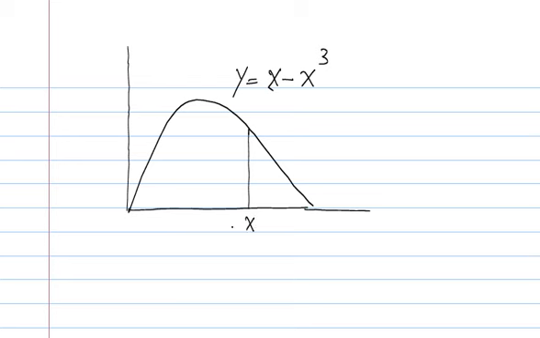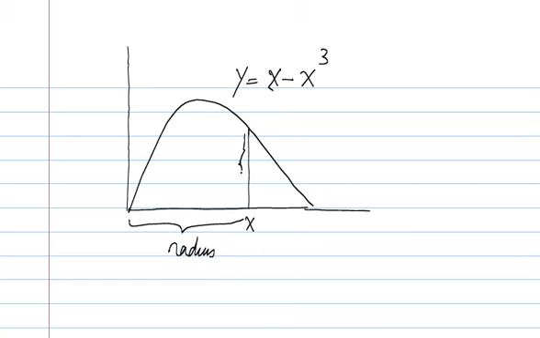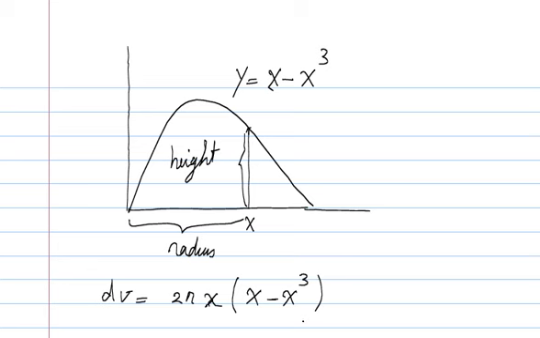This is x, this is going to be the radius, this is going to be the height, so the element of volume is going to be 2 pi, radius is x, height is x minus x cubed, and then the thickness of the shell is dx.